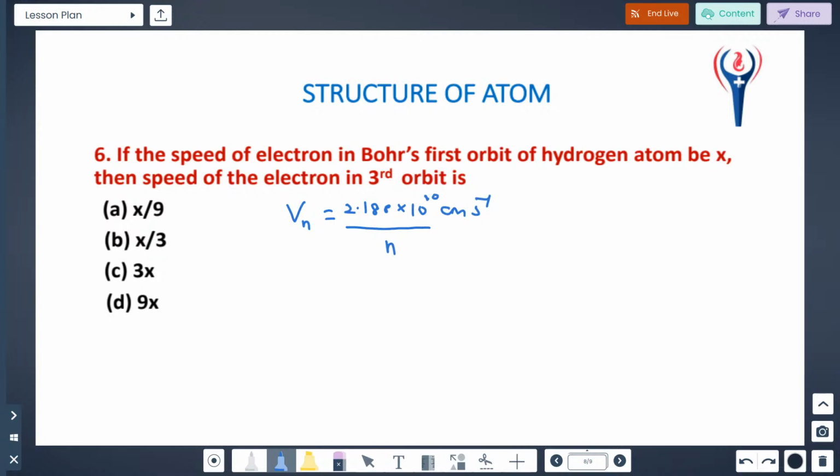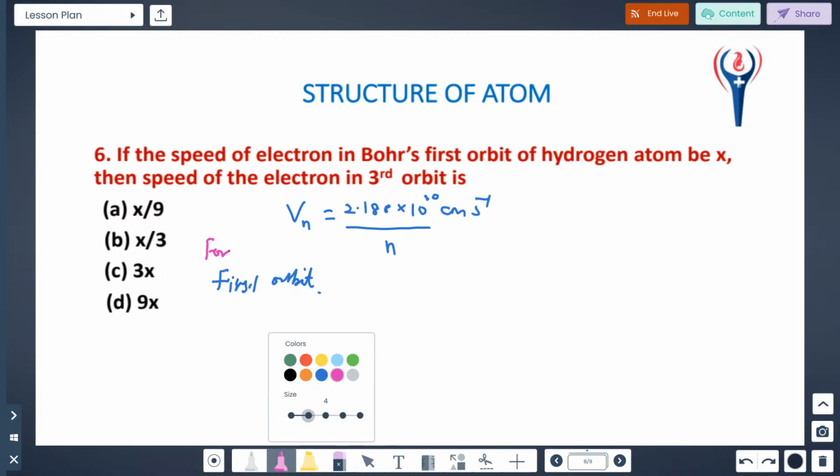The speed of the electron in the first orbit: this is the general formula. For the first orbit, n is equal to 1.